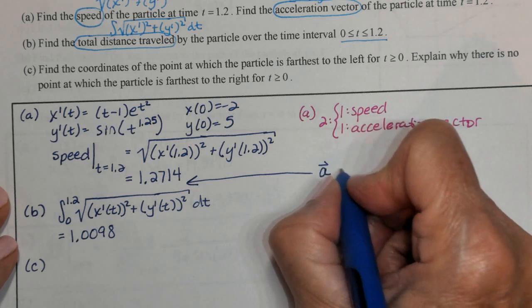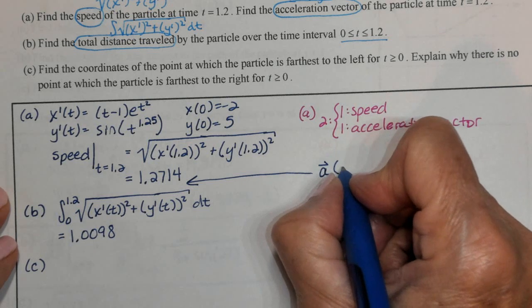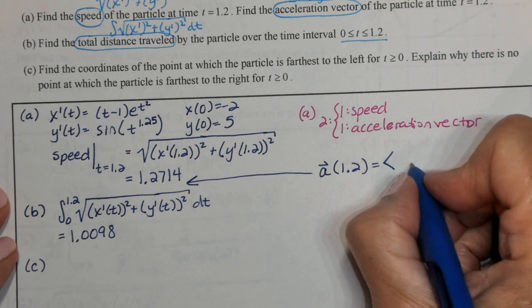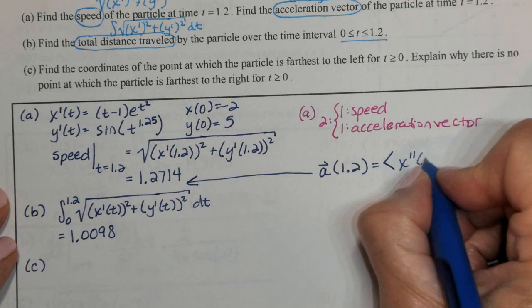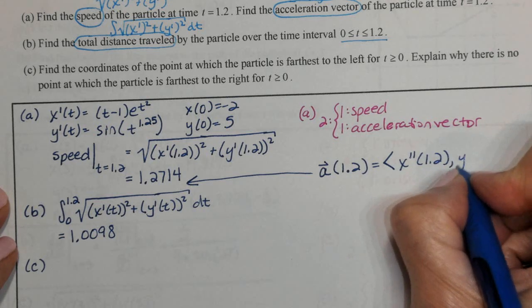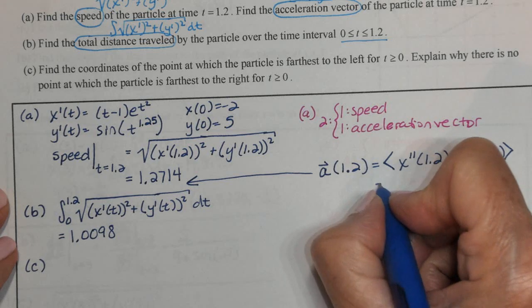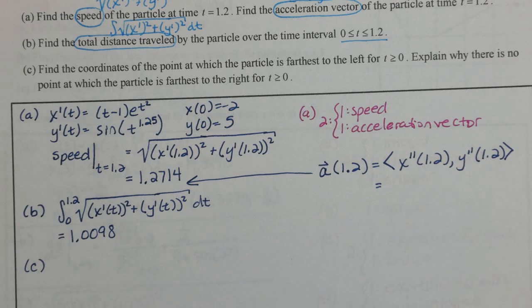The acceleration vector at time 1.2 is, and I need to say what I'm doing, x double prime at time 1.2, y double prime at time 1.2. Again, say what you are doing. Okay?